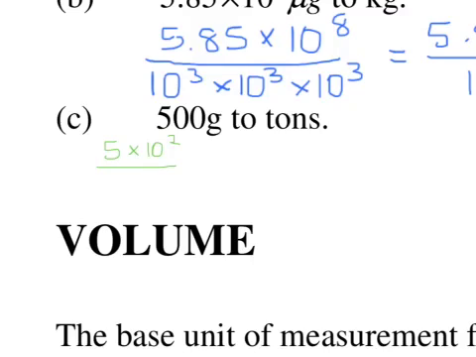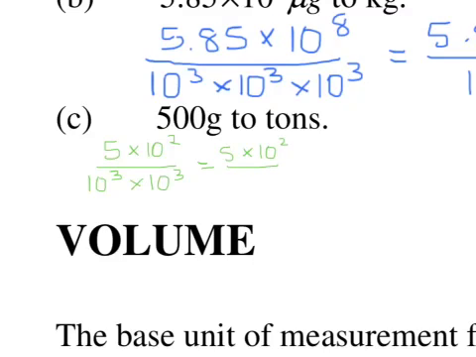And to convert from grams to tonnes, we've got to convert from grams to kilograms, so divide by 10 to the power 3, and then from kilograms to tonnes. Tonnes are, remember, megagrams, so it's divide by another 10 to the power 3, so that will be 5 multiplied by 10 to the power 2.